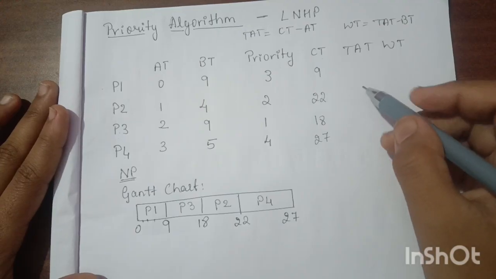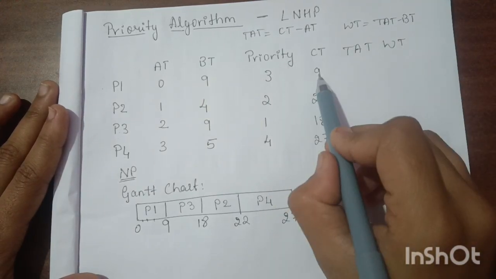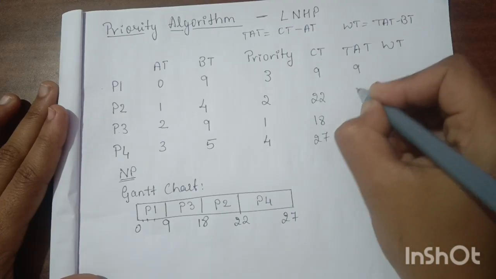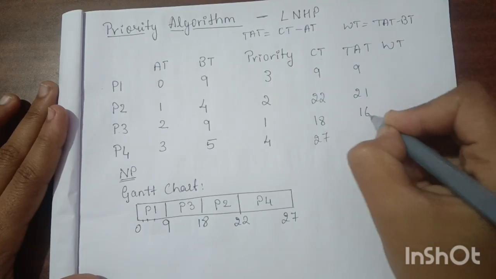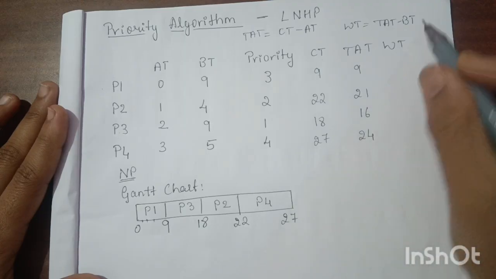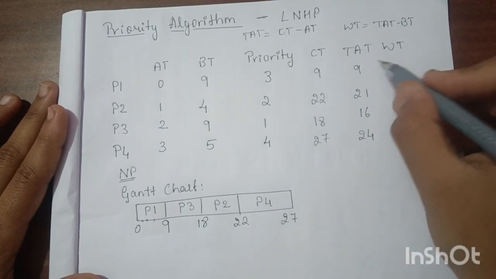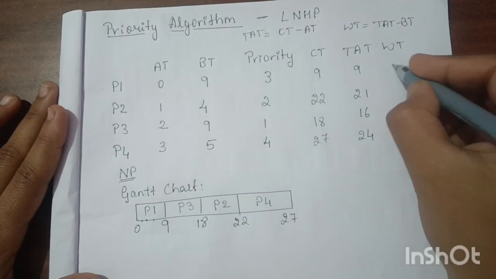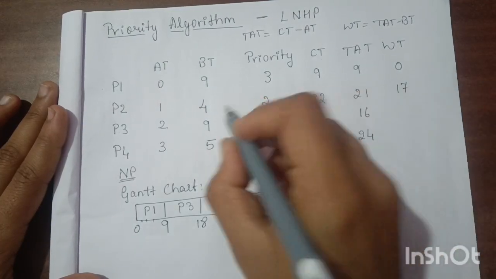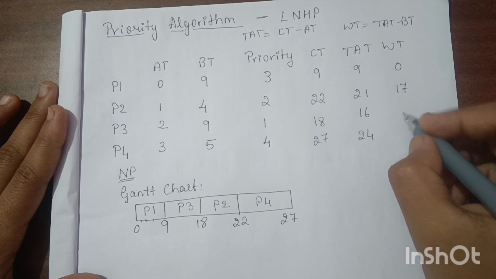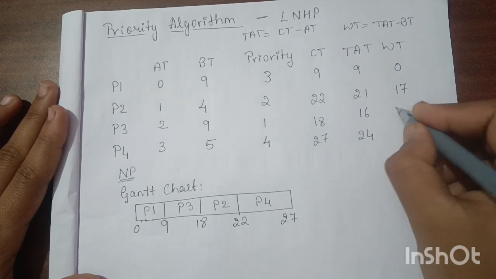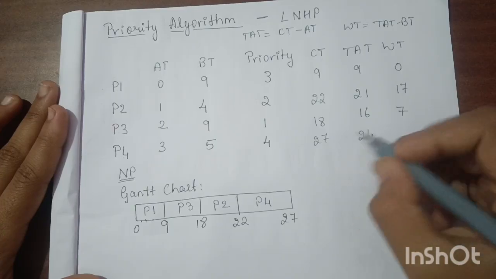The turnaround times are 9, 21, 16, and 27 minus 3, that is 24. For the waiting time, we have turnaround time minus burst time: 21 minus 4, then 16 minus 9, and 24 minus 5.